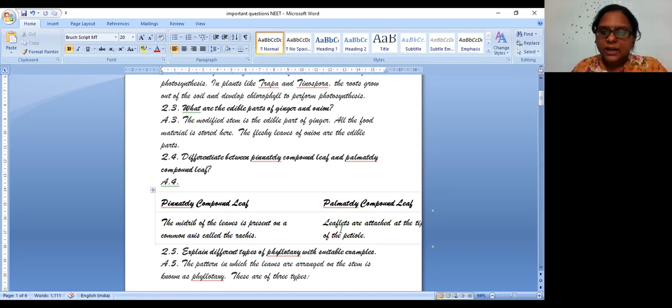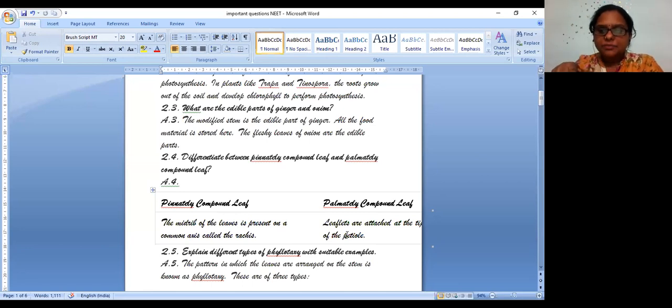On the other hand, when you see palmately leaves, the leaflets are attached at the tip of the petiole. If you take a single leaf, in that you have a midrib, right? You will have a common axis and many leaves, so that each midrib is attached to this common rachis.